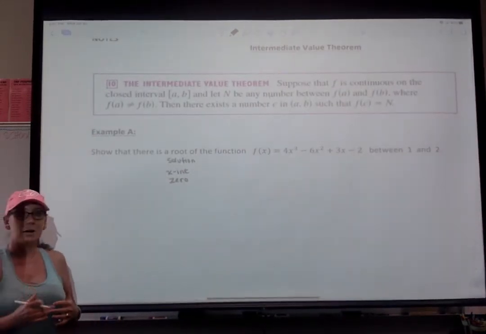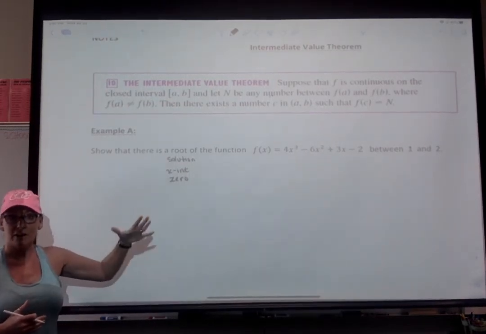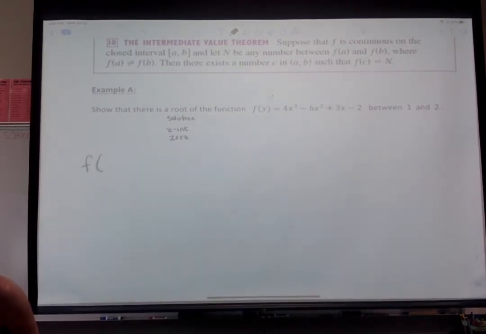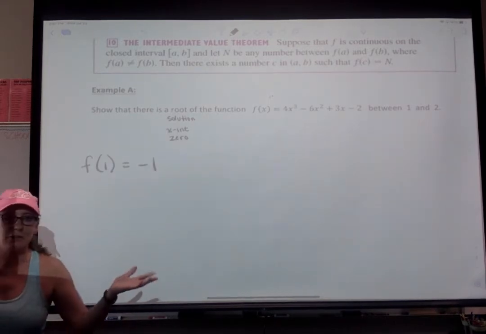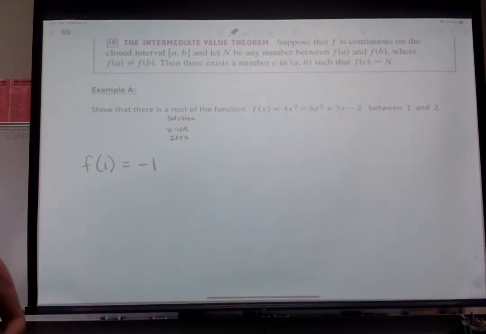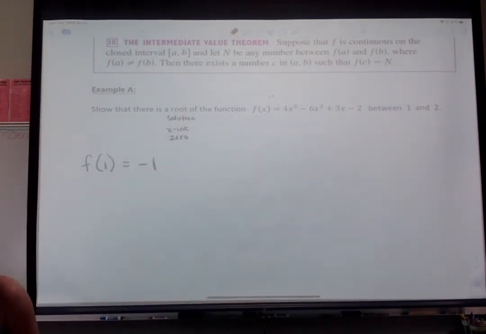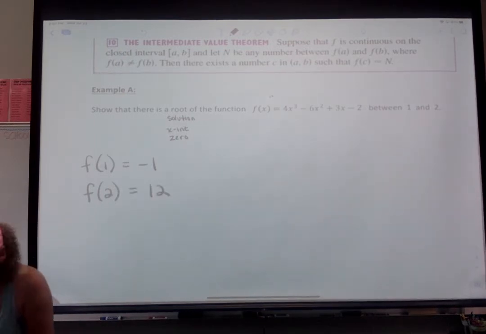I want you to look at the y values that occur when x is 1 and when x is 2. Plug in 1 to your function. You can do the math, or you can take it for granted that I did the math. Plug in 1, I get a y value of -1. Plug in 2, I get a y value of 12.